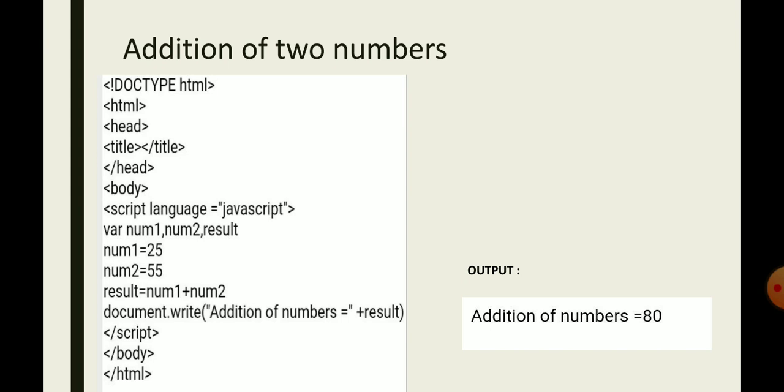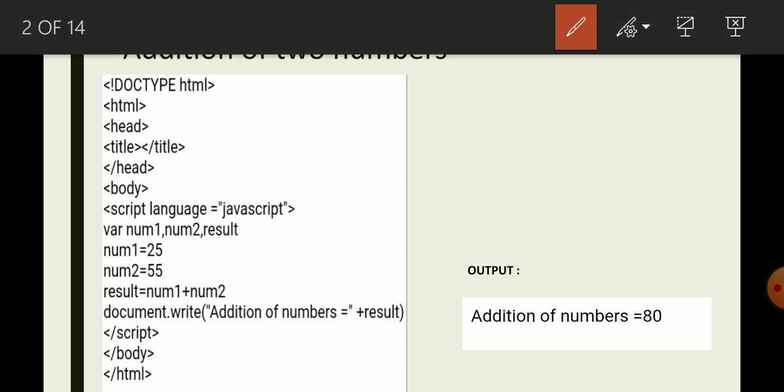As usual, document.write statement is used to display content on the web page. So how you can start JavaScript program? First, write basic HTML structure. Then use script tag in the body or in the head section and start writing JavaScript code. In this program, after writing script tag with the language attribute, declare three variables num1, num2 and result using var keyword.